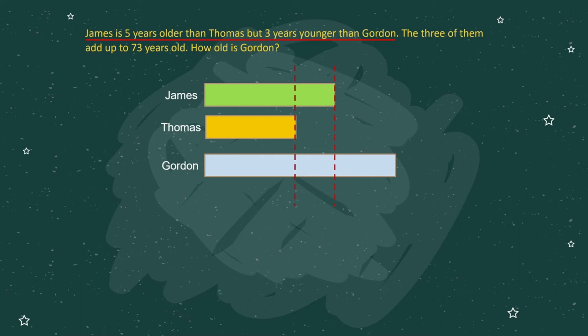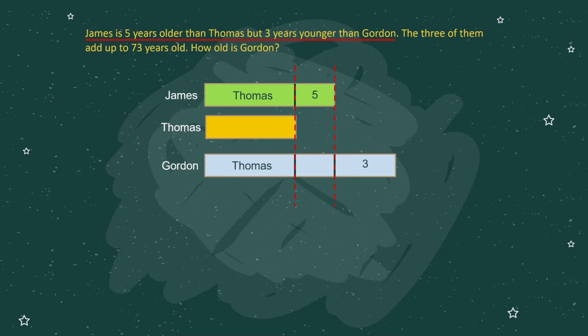Now, comparing the length of James's and Thomas's bars, we know that this part is 5. And this part is essentially Thomas. Looking at Gordon's bar, we know that this part is 3. This is how much Gordon has more than James. And this part, looking at the length of the bar, is actually Thomas.